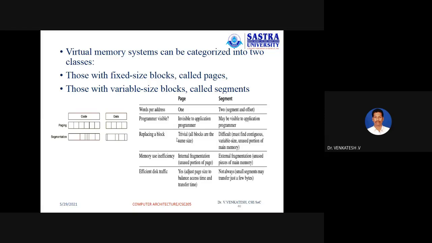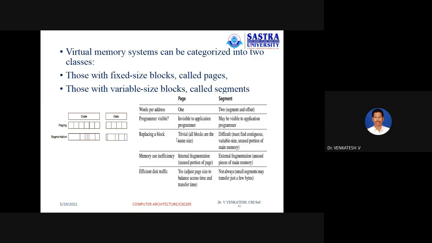Whereas in the case of segments, it is not always so; the transfer is from a few bytes to a maximum. One segment has one size and another segment has a different size, so you cannot follow a uniform transfer rate. Here everything is fixed at 1K, meaning the transfer rate is 1 kbps, whereas segments have different sizes, so we should not expect uniformity.